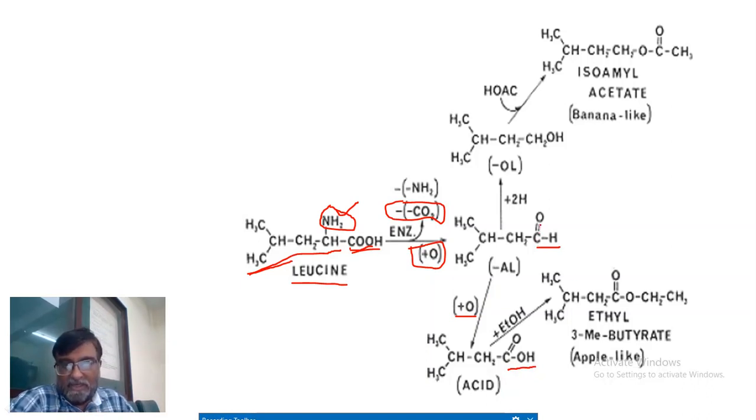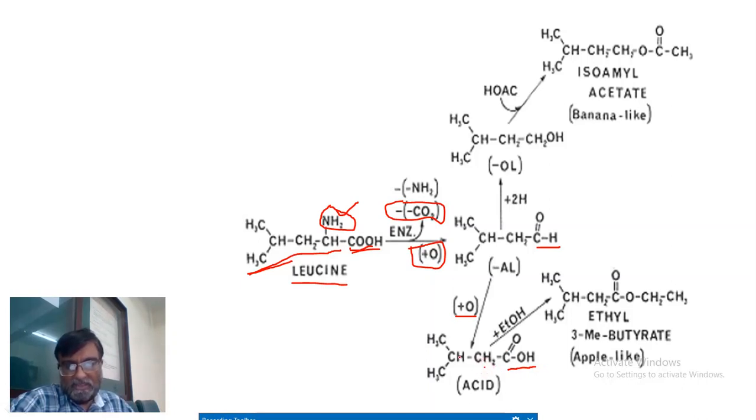We are simply adding one O, COOH. So this is basically an acid development through the oxidation process.